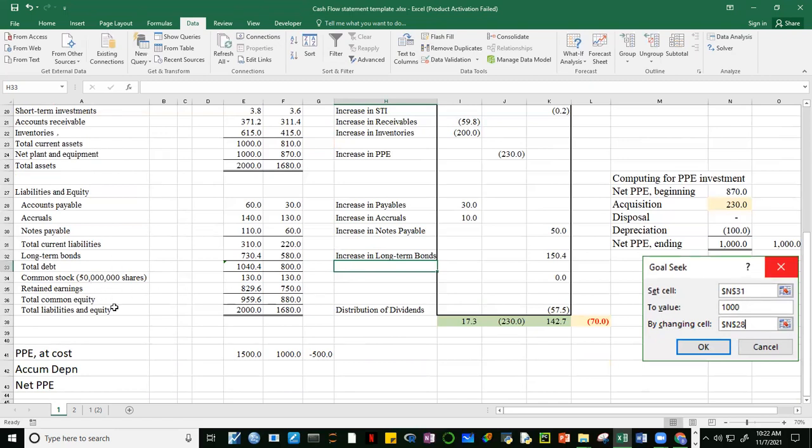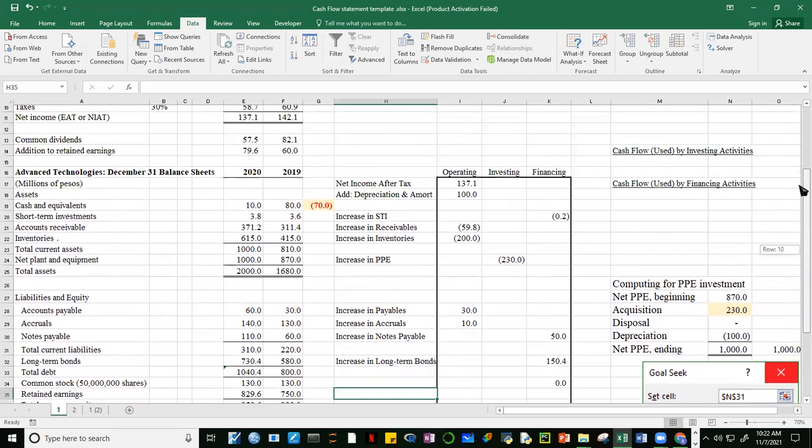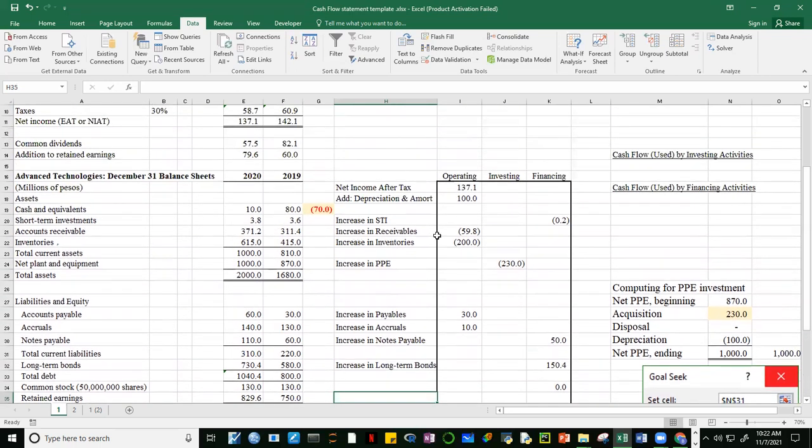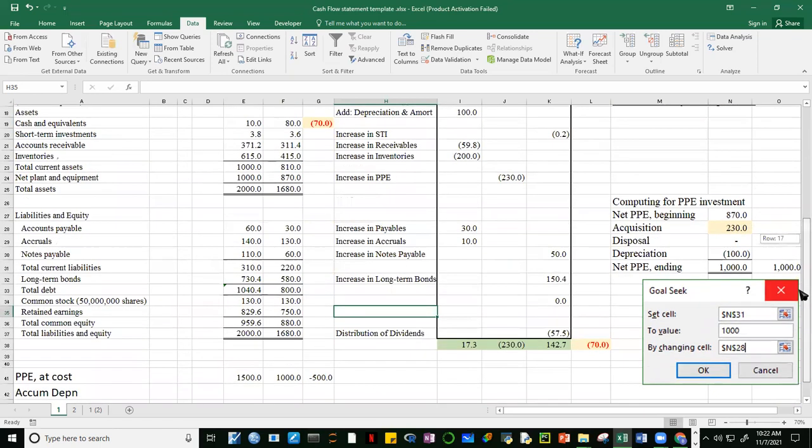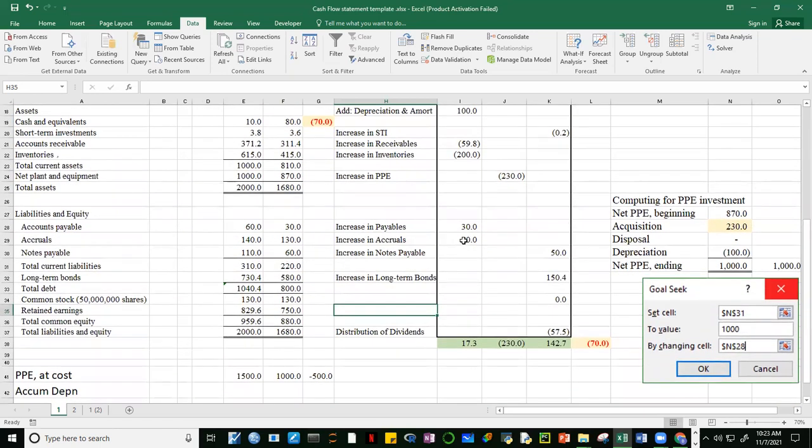Okay, no changes in common stock. Okay, so I think everything increased here, right? Increase in short-term investments, increase in receivables, increase in inventories, increase in property, plant, and equipment, also in payables, in accruals, increase in notes payable, increase in long-term bonds.